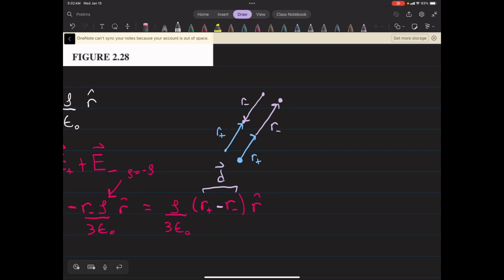So then the electric field in this region is rho d over 3 epsilon naught. So clearly that is a constant. The rho is not changing, d is not changing, and epsilon is a constant. And this is the value for it.